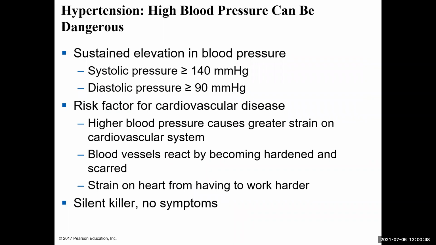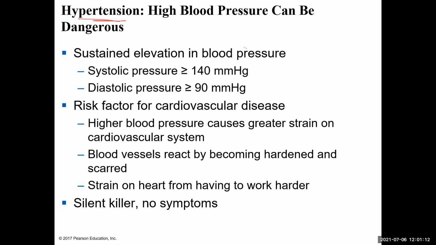Now, if you have high blood pressure, that's known as hypertension. And depending on how high that blood pressure can be, it can be super dangerous. Any high blood pressure associates a higher risk for heart disease, but extremely high blood pressure can just be really, really bad.